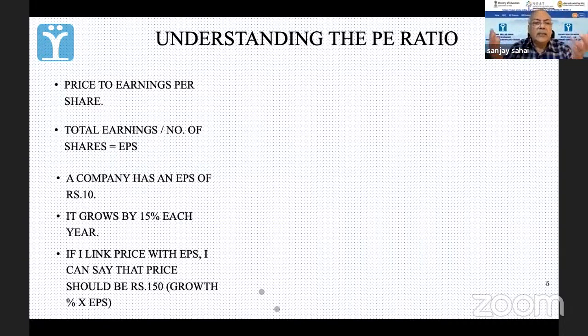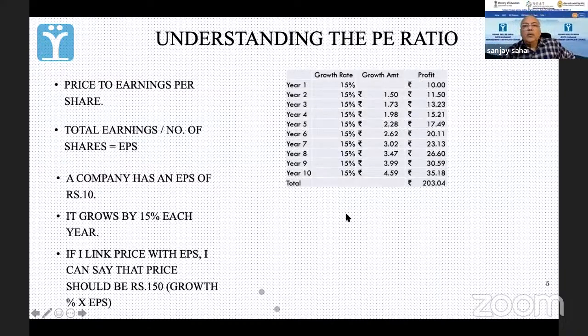So we're saying that the price should also be 15 times the earning, the EPS. Now, if a person invests at this rate, if you're telling someone that the PE ratio is 15 and he actually invests in your company and buys those shares, what will he get actually?